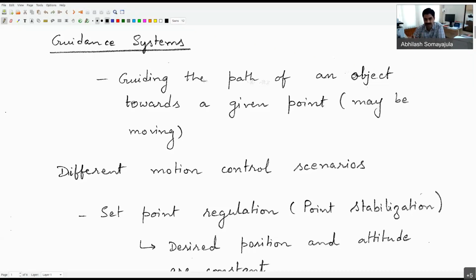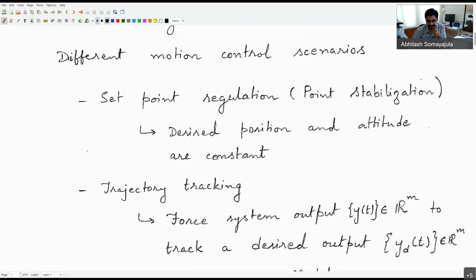Within the so-called guidance systems approach, there are a couple of things which we will talk about. Different motion control scenarios require different types of guidance, and we'll look at what those different types of guidance are. The first is called set point regulation or point stabilization, which means that I am only interested in asking my craft to have a specified position and an attitude.